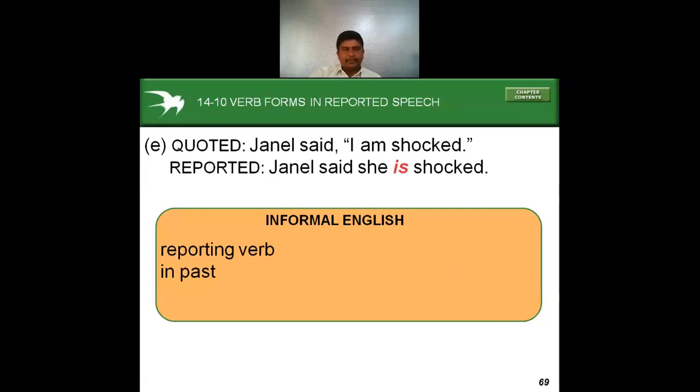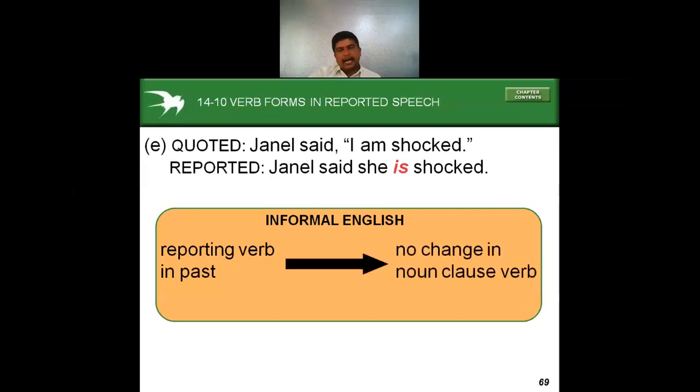I already explained this in your previous classes, right? In informal English, the reporting verb is in the past and there is no change in the noun clause verb. Reporting verb in the past, sometimes no change in noun clause verbs. Keep this in your mind.